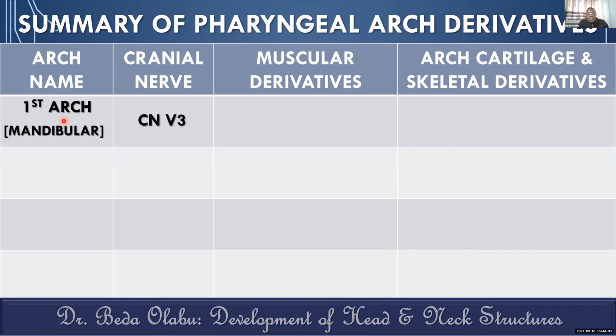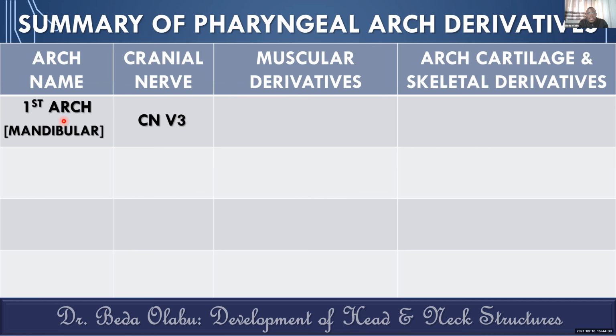However, we also have the maxillary division of the trigeminal nerve. The maxillary division of the trigeminal nerve only offers sensory supply to the derivatives of the first pharyngeal arch. So take note that motor exclusively comes from the mandibular division of the trigeminal nerve.